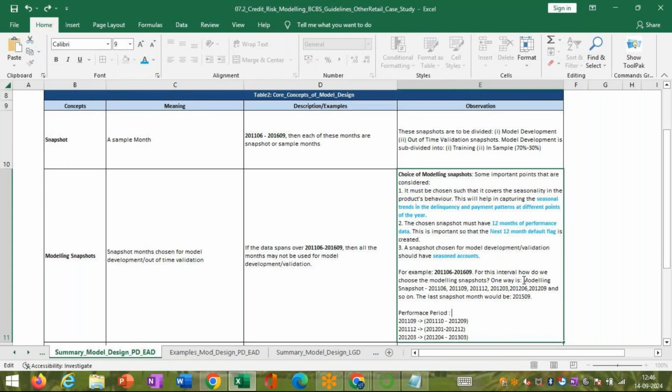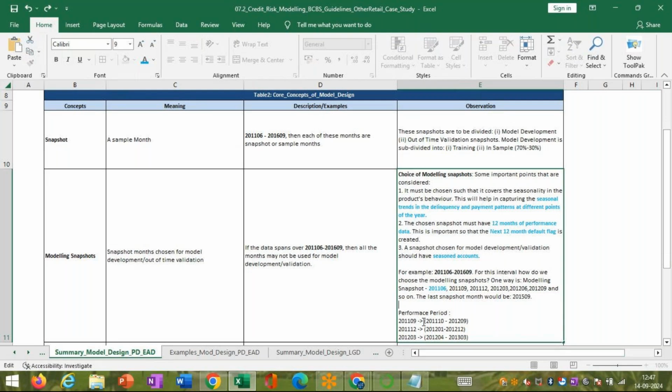Now, one way is that I can choose 2011-06 as the modeling snapshot. The question is, do you have the 12 months of the performance period? The data is up to 2016-09, so you will have 2011-07 to 2012-06.